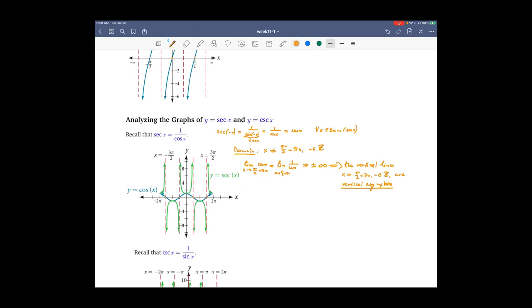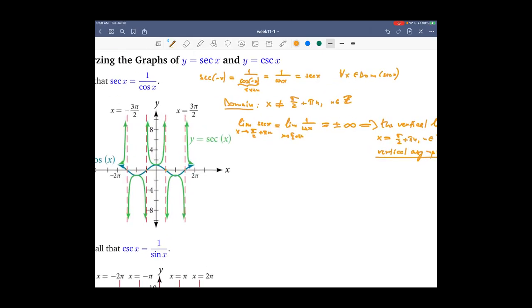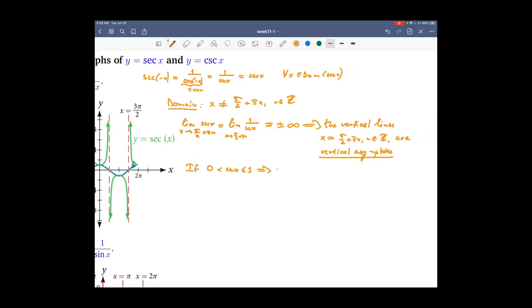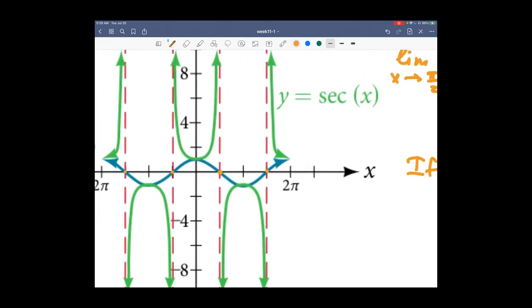And also, I find it helpful to know that, for instance, if cosine is positive, then secant, which is 1 over cosine, will be greater or equal than 1. And if cosine is negative, then secant will be less than or equal to -1. They touch each other at points where cosine is 1 or -1.